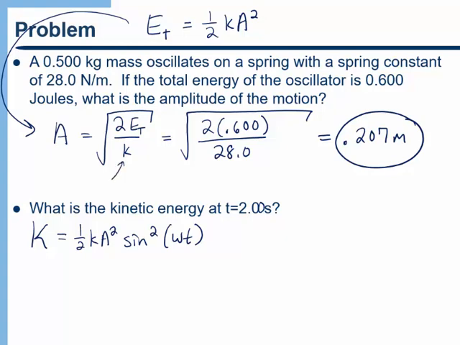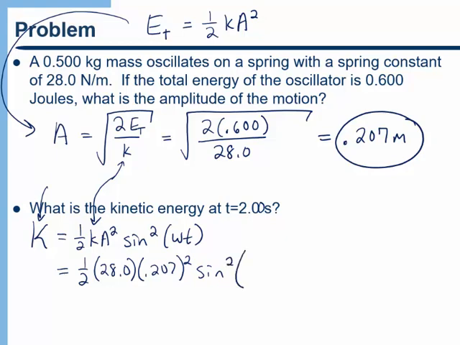That k is spring constant, as is that one. Big K, or capital K, remember, stands for kinetic energy. So I can go ahead and plug in the values here. We have 1/2 times k, which is 28, times the amplitude, 0.207 squared, times sine squared of omega t.